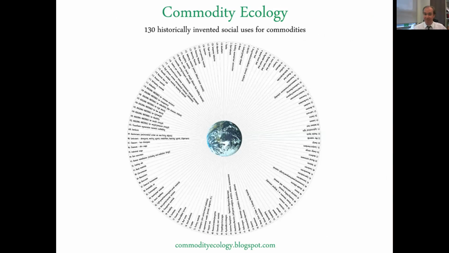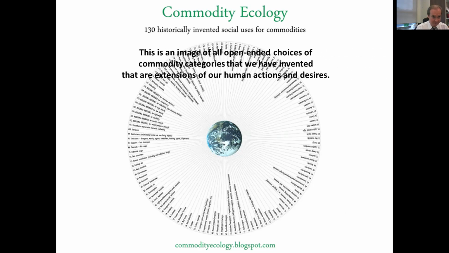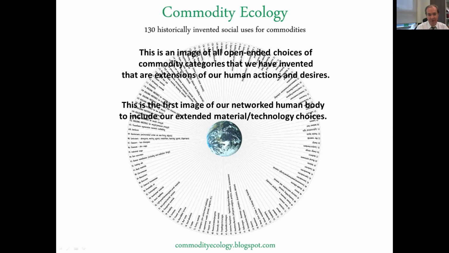We make choices, 130 choices every day. Or if you don't make them, somebody's made that choice for you. And that's the image of all our choices that we have invented, that are extensions of our human actions and desires. That's really the first image of our networked body, to include our extended material choices. That's our extended body, really.